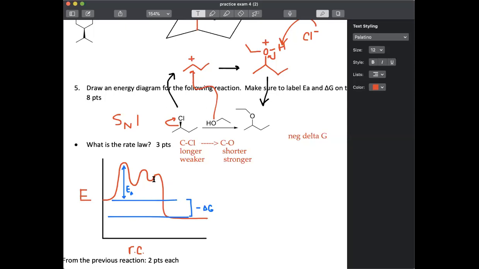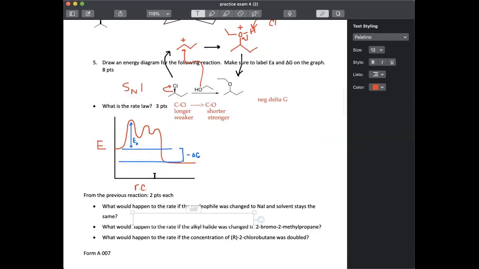And so that's why it has the lowest EA. So yes, the third transition state is going to be the smallest. Cool. Okay, I'm going to assume yes.